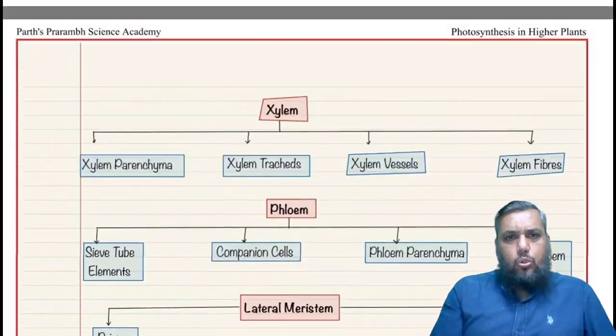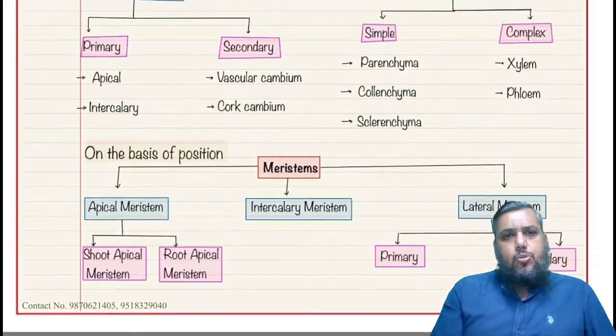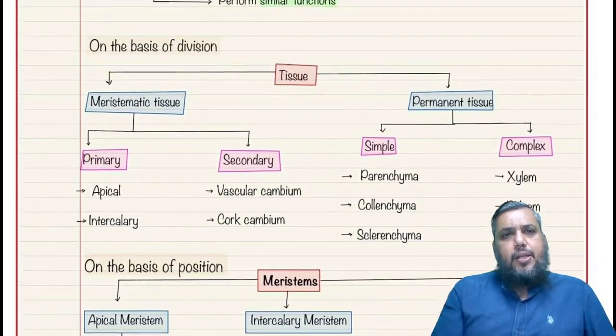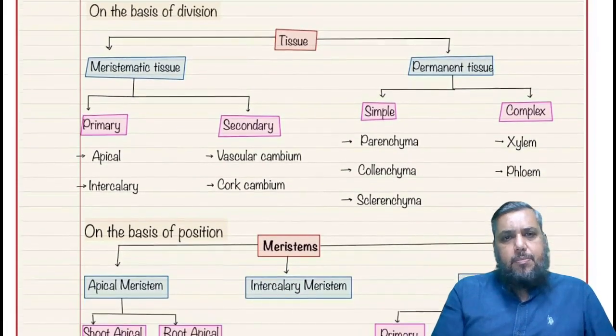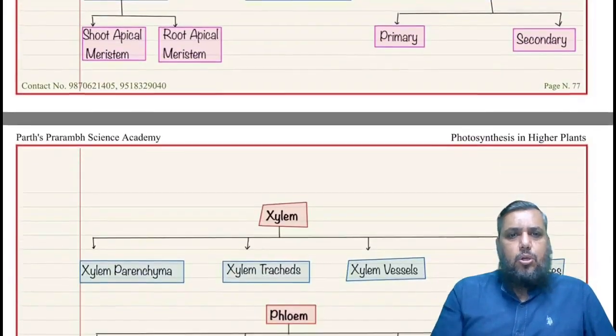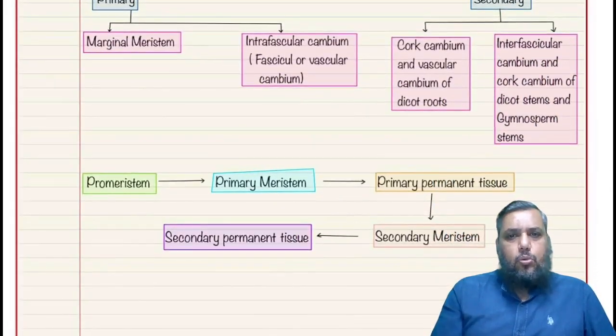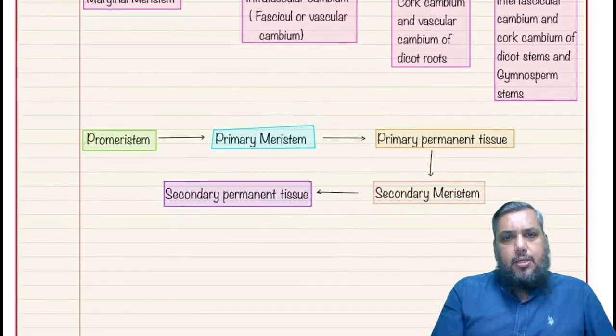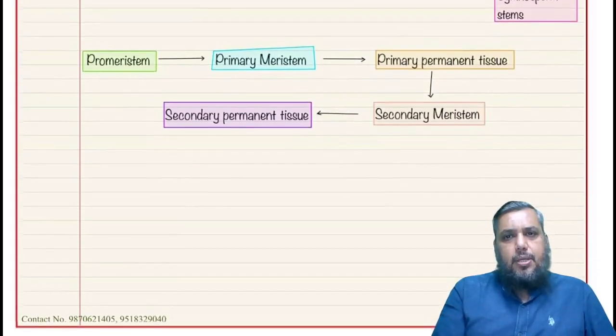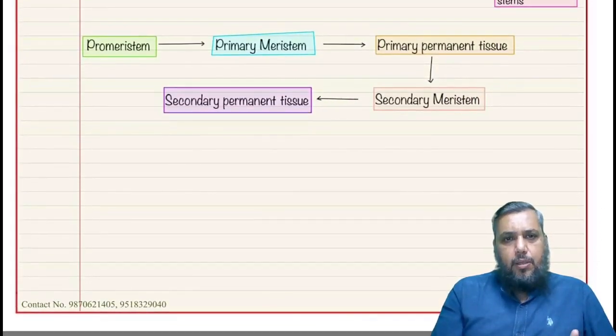Now, we can further classify the meristems into different types. But before we talk about those, let us quickly see what it means to classify the meristem as primary and secondary.